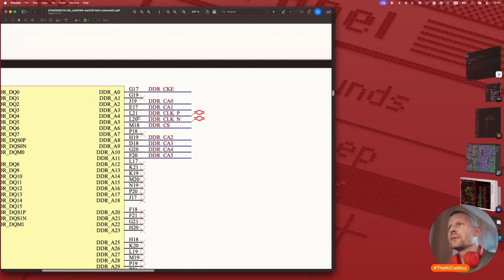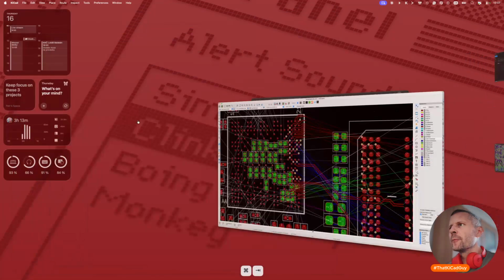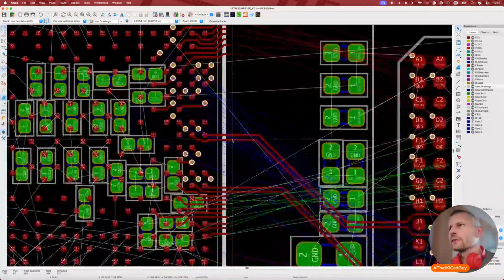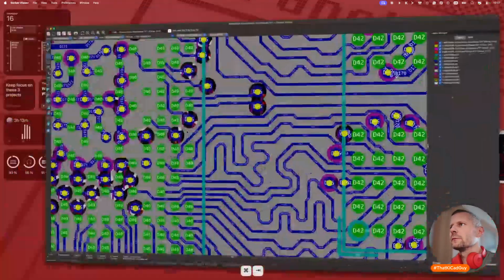Yeah. L20, 21. Yeah, that's correct. It's correct. L20, 21. So the Gerbers.